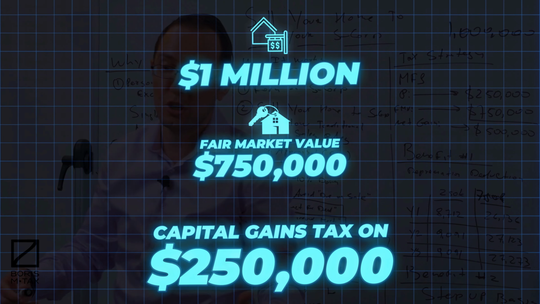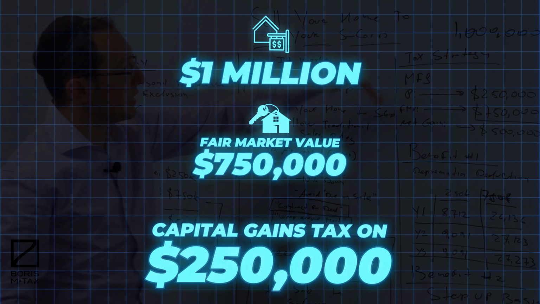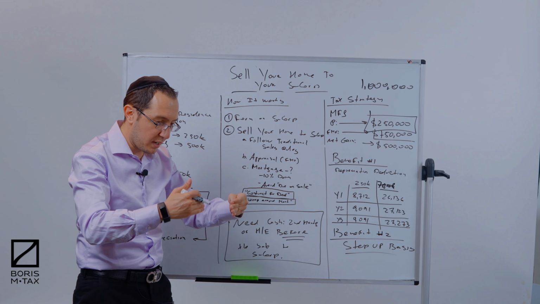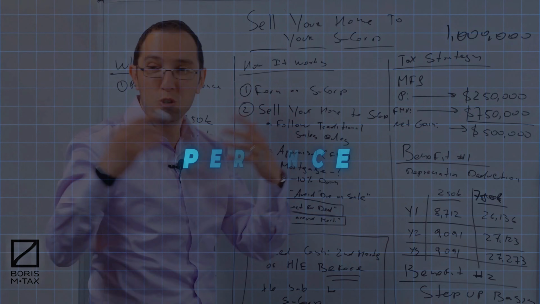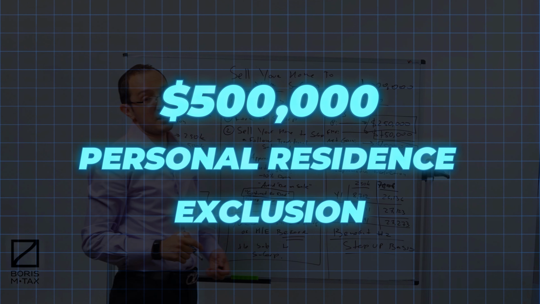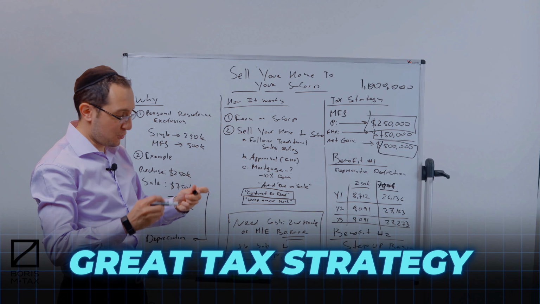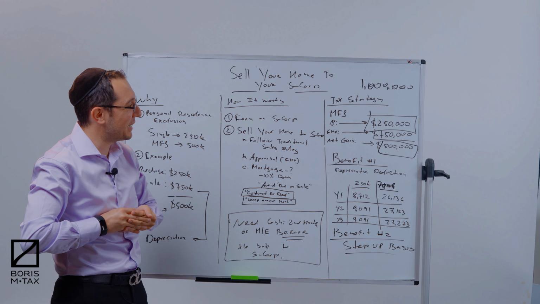So now you pay a tax on $250,000, which is what you really made from the time that you rented, when it appreciated in value. Okay, so that's legit. That's good. What we did is that we preserved your $500,000 personal residence exclusion. Great tax strategy. Awesome.